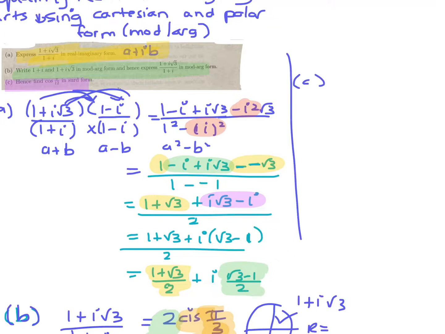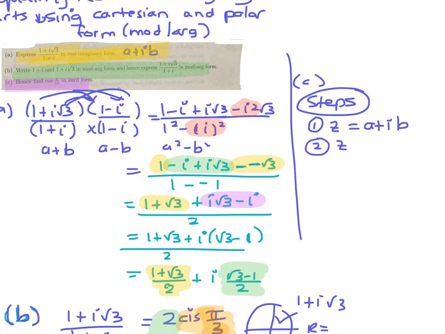Okay, so that's part C. Our steps in doing this: first of all, you get the complex number and put it in the form a plus ib. The second thing you do is put it in the form r cis theta. Because these two things are equal, we make r cis theta equal a plus ib.